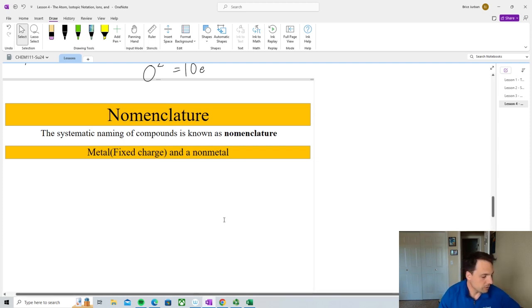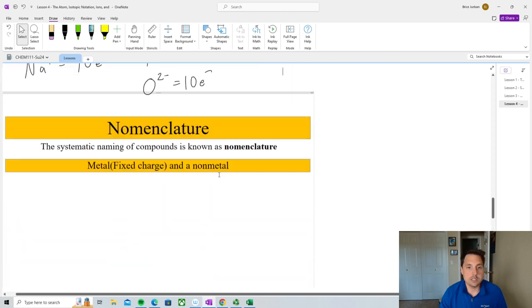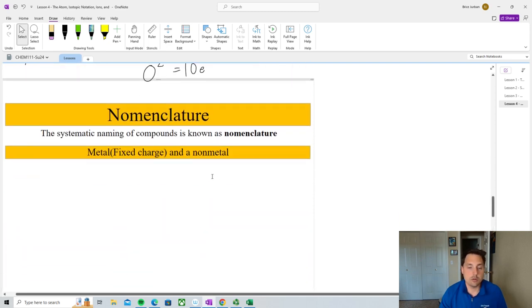So the best way to do this is to use a series of rules, and we'll start with some compounds that contain metals and nonmetals, okay? And then we'll talk about compounds that have 2 nonmetals. These will have differing sets of rules that we need to learn, and I'm going to introduce this slowly throughout the class so that we can get a handle on it.